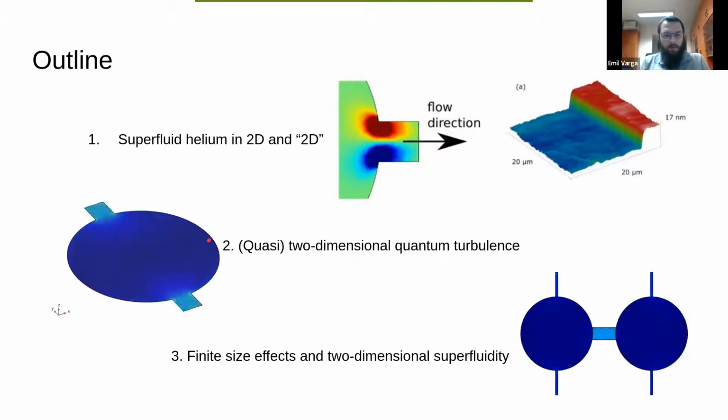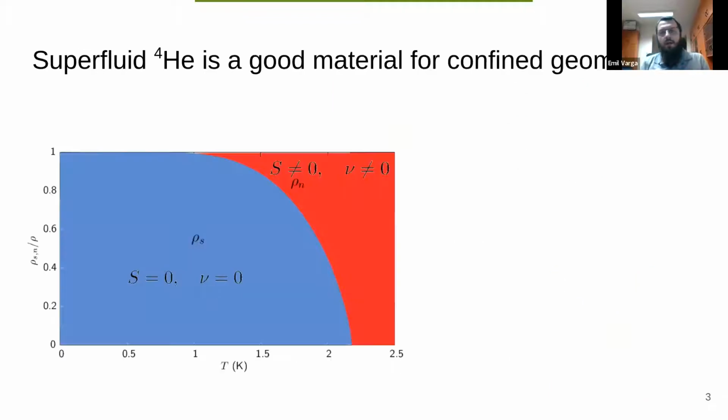First we'll talk about quasi two-dimensional flows or quasi two-dimensional turbulence, and then in the second part of my talk, I will move on to strong confinement, where the two-dimensionality of the geometry actually affects the order parameter of the superfluid. Right. So let's start at the beginning.